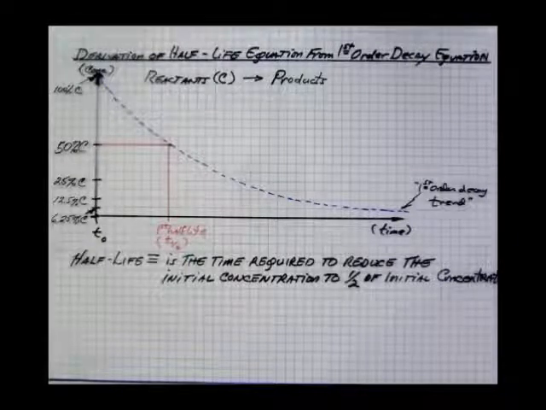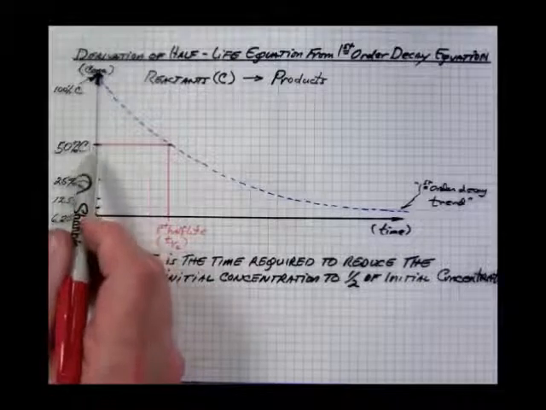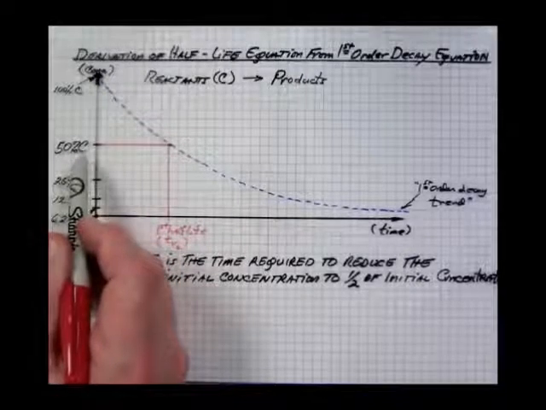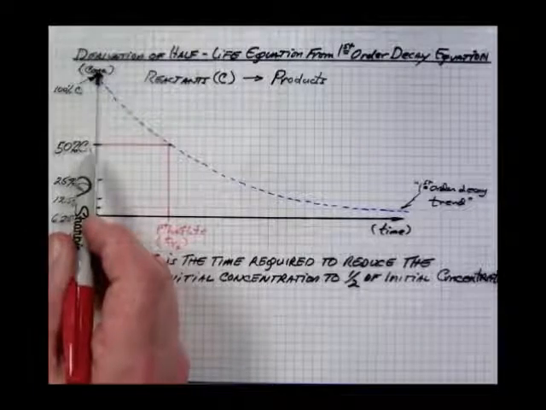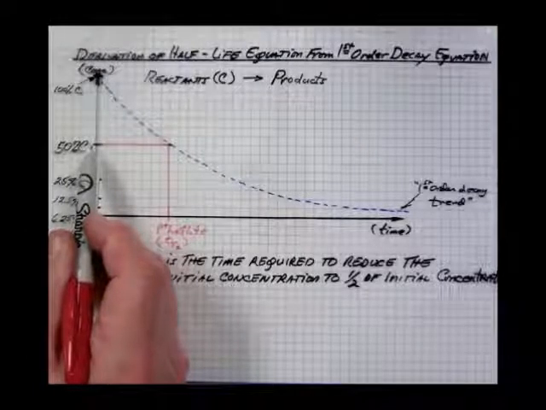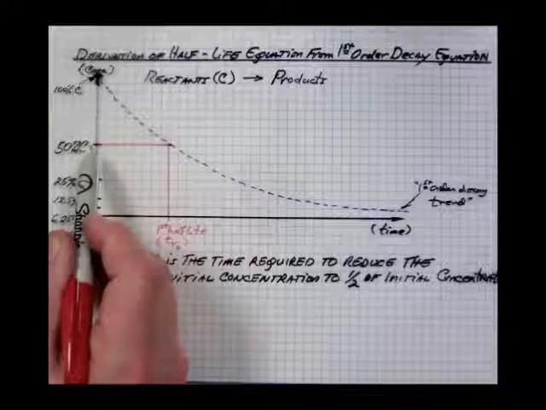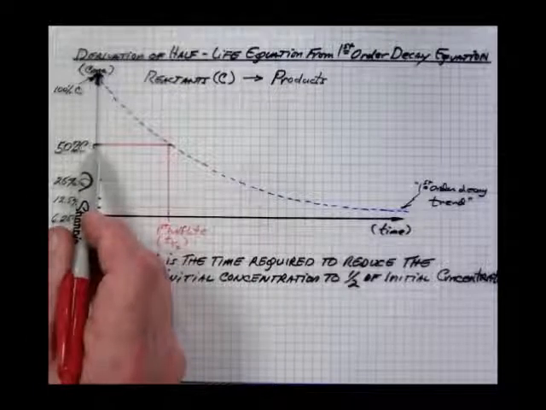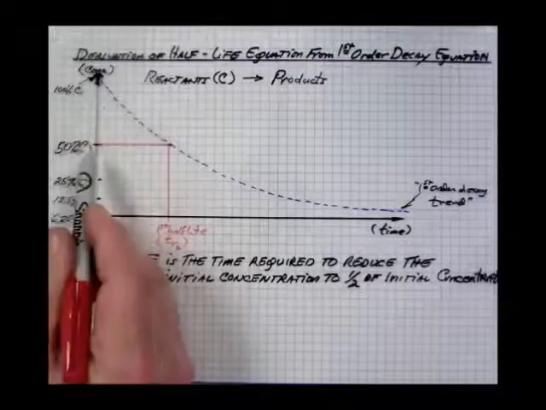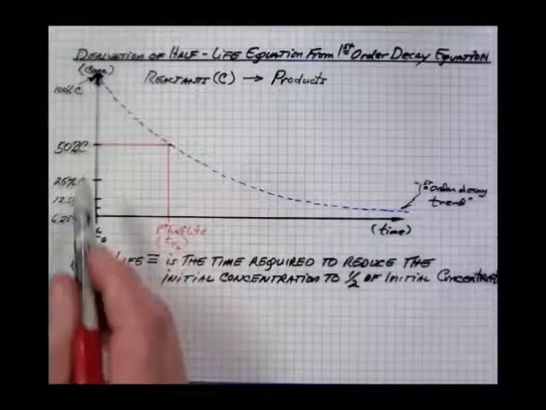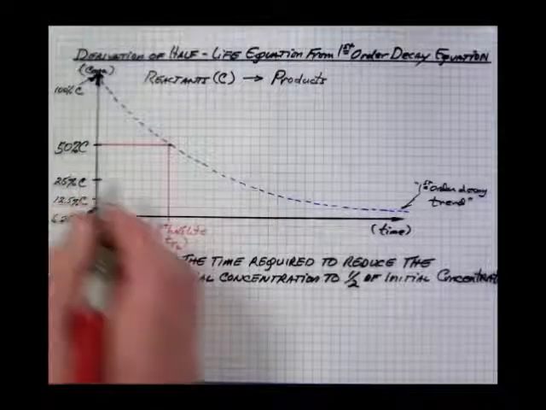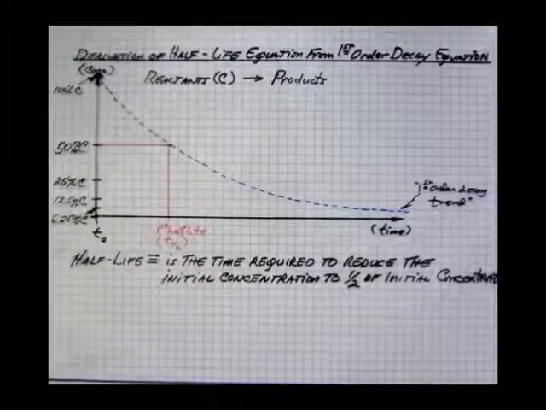Now, if we assume that this point at 50% is the beginning point, then we can consider a second half-life, or the time it takes to decrease the concentration, which is now 50% of what 100% would be, to half of that number, which would be 25%.